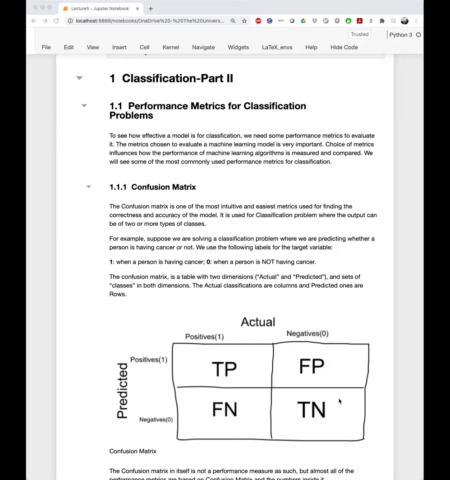The model predicts these cases as negative, and these cases are actually negative. So it's true negative. So we have true positive, false positive, false negative, and true negative. Once you have a model and all of these true labels, you can use your model to predict the labels and compare with the true labels. And then you will get this confusion matrix.